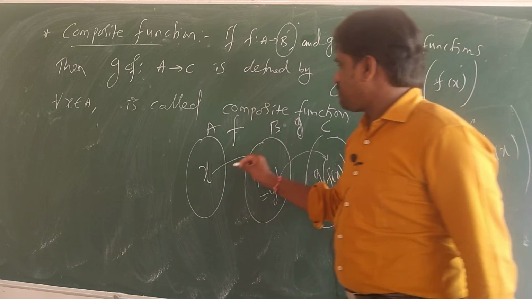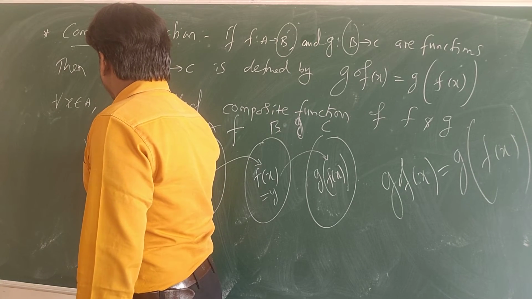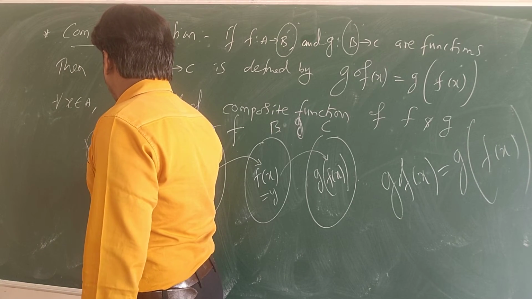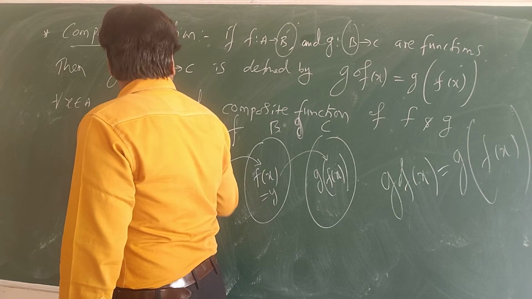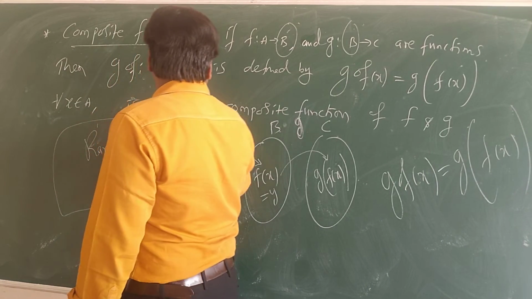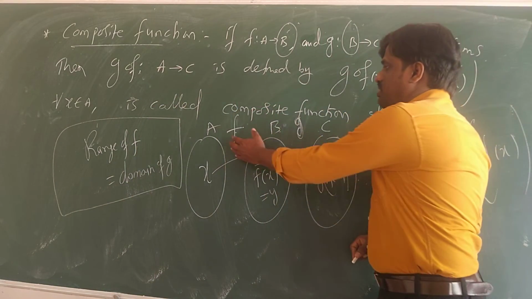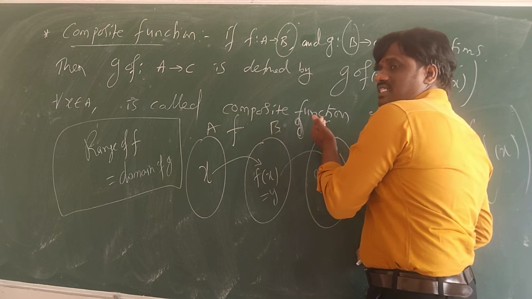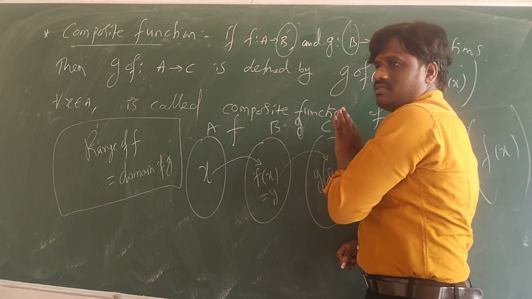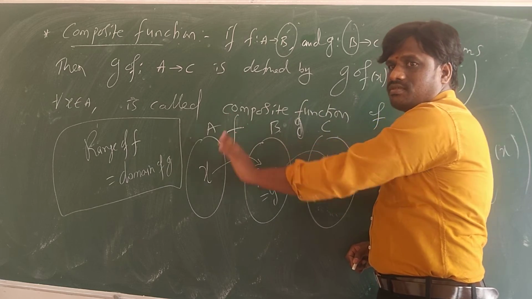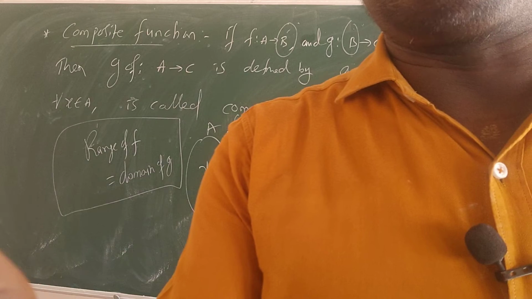Range of f is equal to domain of g. Then which one is possible? G circle f. Look at that. You see this one, you don't think f circle g. It's g circle f. Look from here, g circle f. Clear?